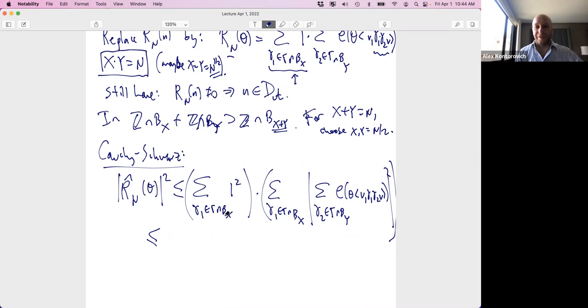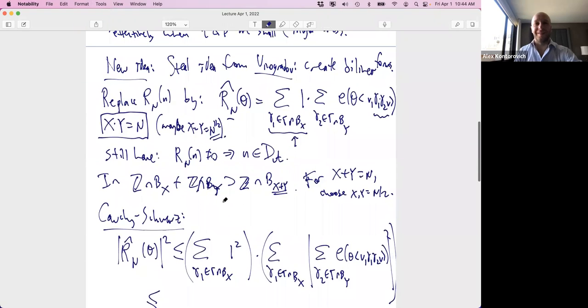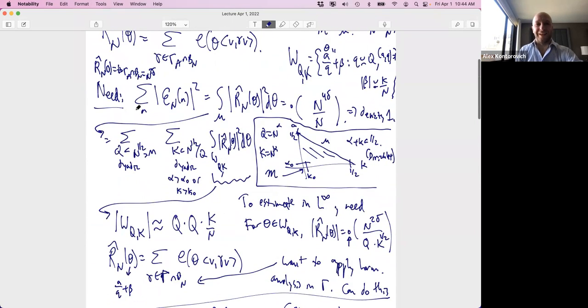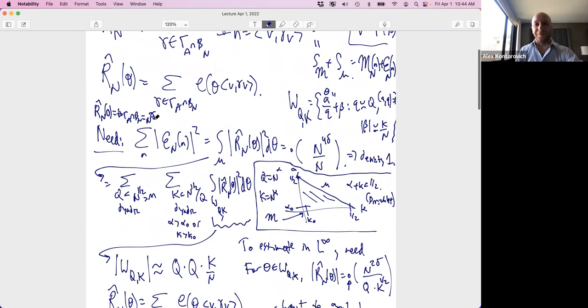So what do we have? How many elements are there in a ball of size x? In the semigroup, what's the growth rate of the semigroup? I'm trying to look back. In a ball of size n, it was n to the 2 delta.